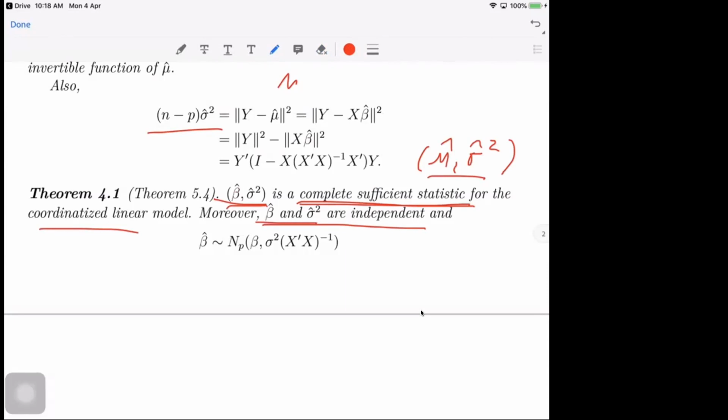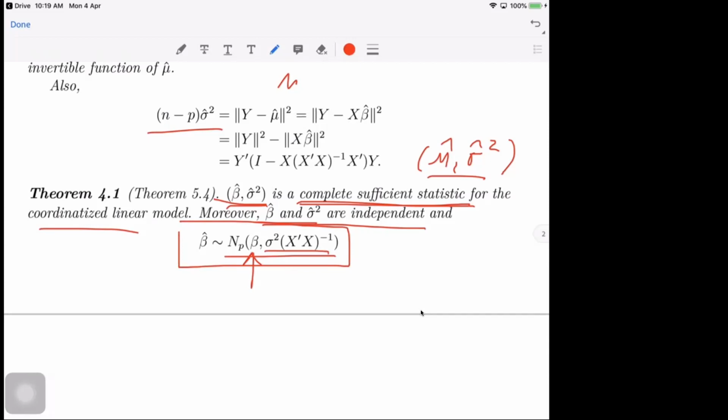Beta hat and sigma hat square are also independent, and it is telling you that the distribution of your beta hat will be normally distributed with mean beta and variance sigma squared (X prime X) inverse.